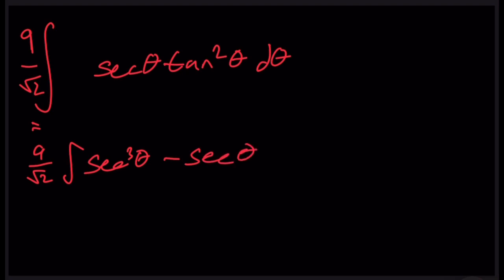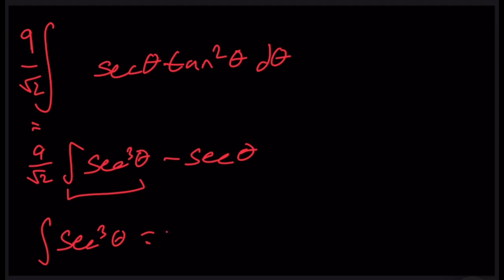So let's first focus on this part of the integral, secant cubed theta. If you know your reduction formulas, this is pretty simple, but I'll walk you through it if you want to use integration by parts to at least prove that reduction formula. So the integral of secant cubed theta, we're considering u as secant theta and dv as secant squared theta.